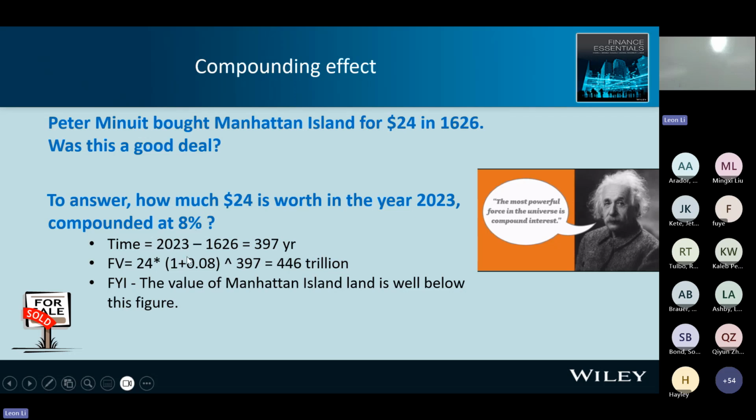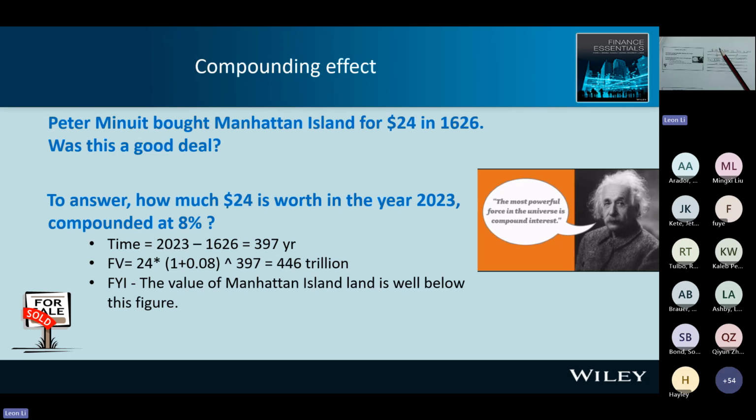So the time is 2023 minus 1626, which is 397 years, and your $24 after 397 years becomes $446 trillion. And the value of the island is well below this number. So the point is here: you cannot compare money directly. $24 is a payment in 1626, about 400 years ago.